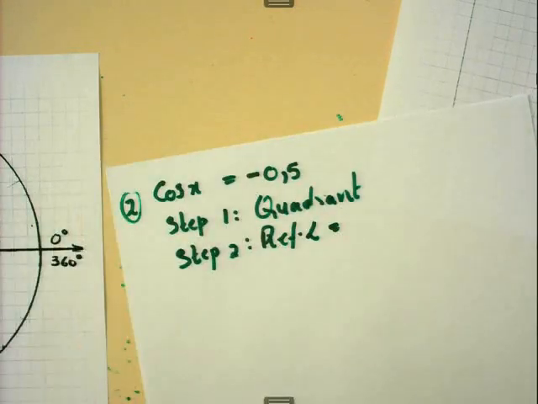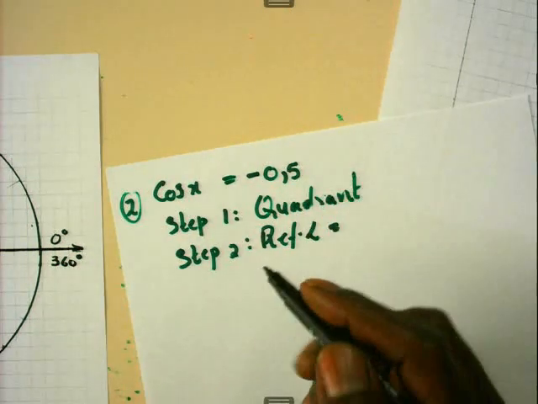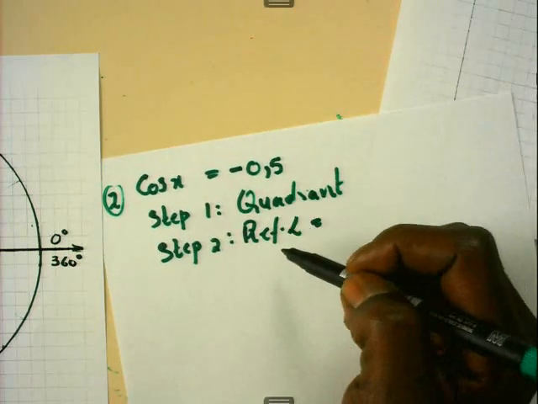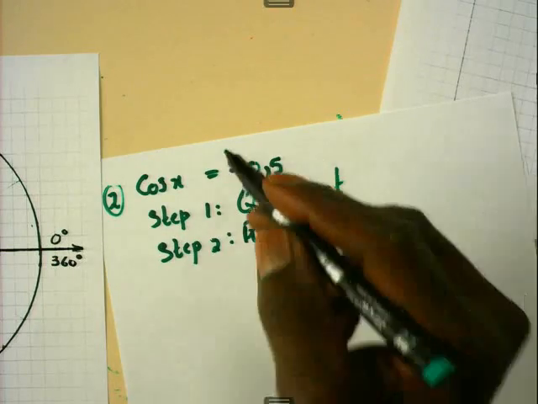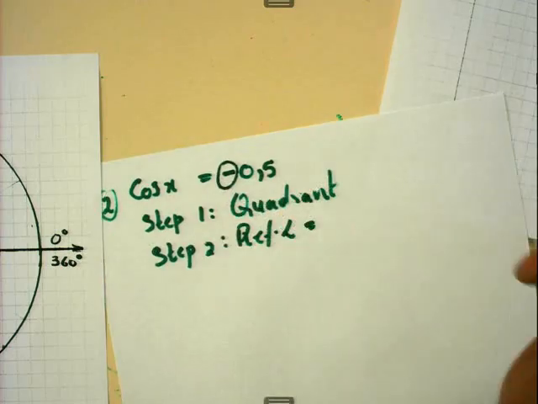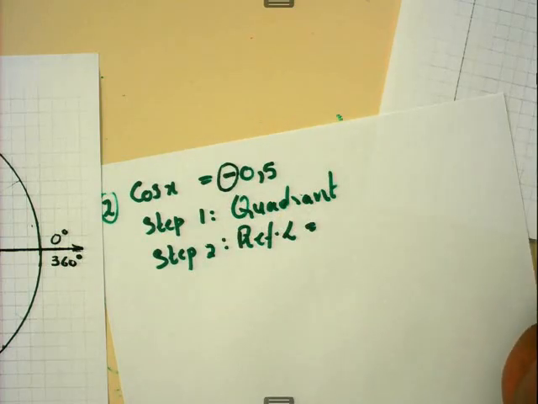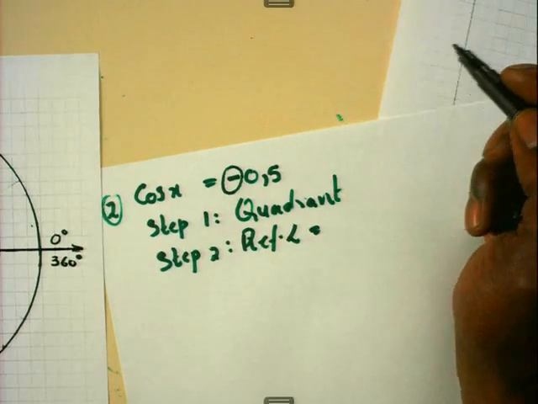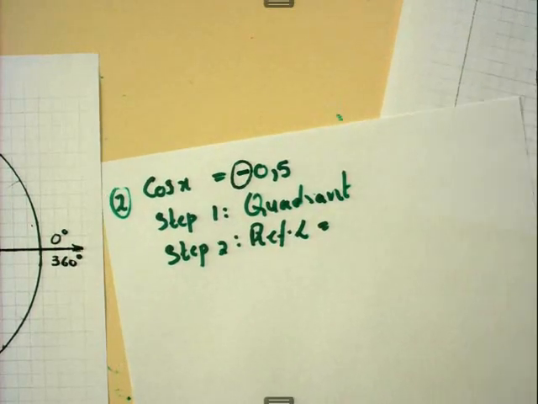It seems like there is something that I've omitted when I calculate the reference angle. Many people will say, why don't you consider that negative sign? No, I'm done with that negative sign because that negative sign was just helping me to identify the quadrant.